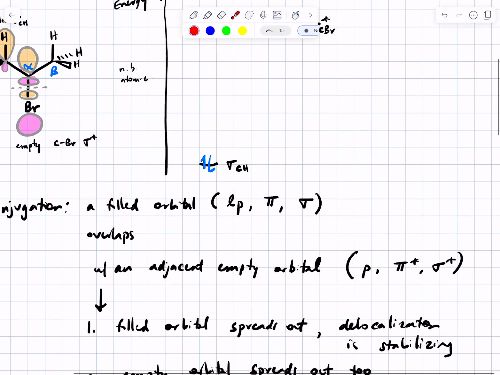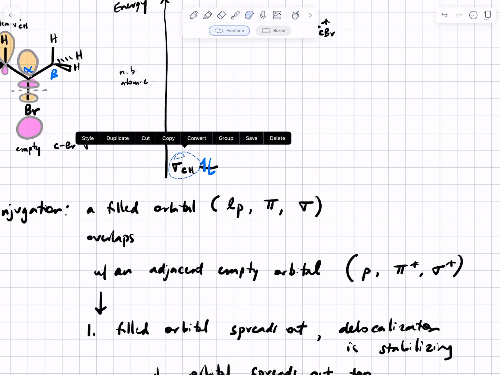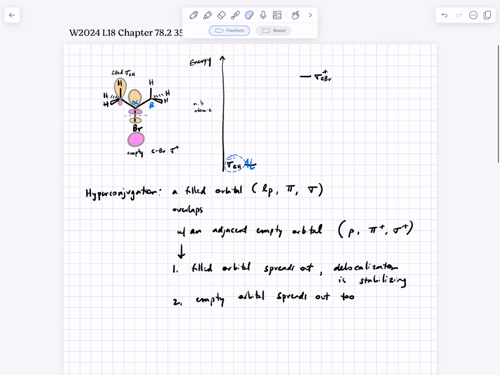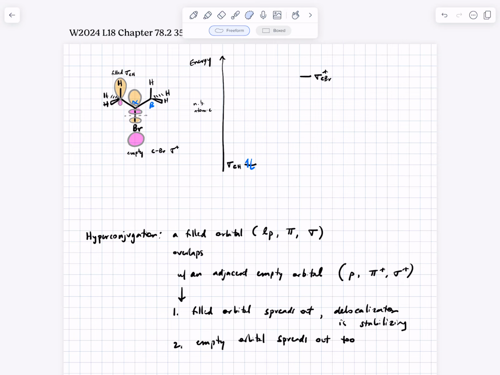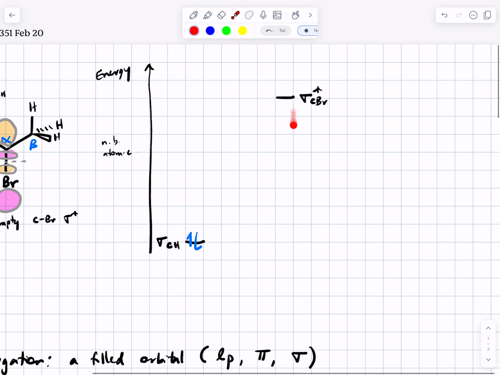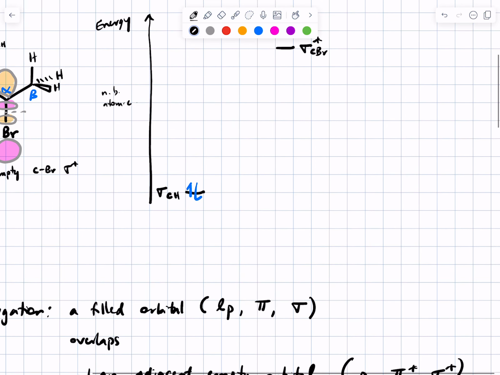We're going to get one that's just a little bit lower in energy than the carbon-hydrogen bonding orbital, and the other that's just a little bit higher in energy than the sigma star antibonding orbital. We're not going to worry about it too much because these two orbitals are so far apart in energy that the mixing they do is going to be very, very small and very minor.